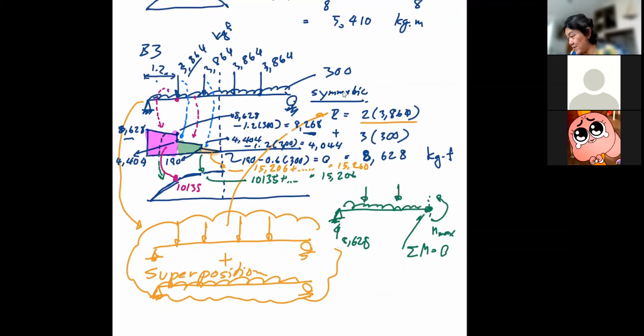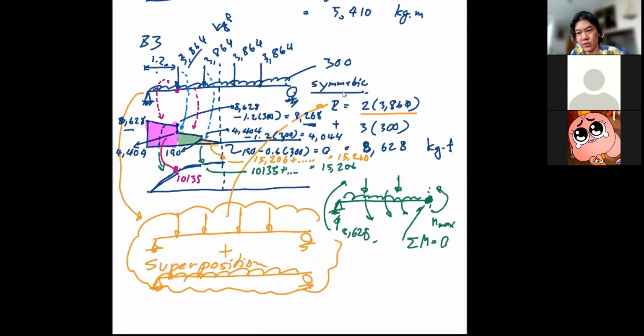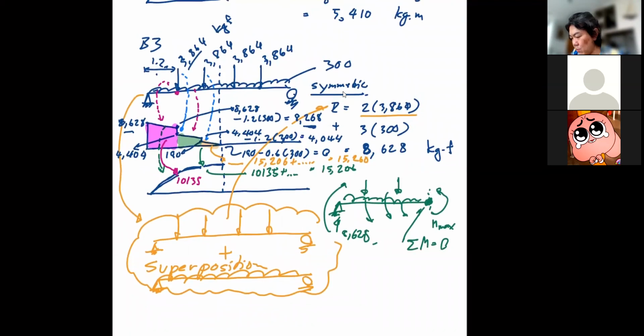You should see that if this is your fulcrum, your reaction would give you a clockwise moment, right? It goes this way. And the rest, the uniform load and the point load, will give you the counterclockwise moment. You should be that quick already. Or if not, you should try to be that quick. So the maximum moment can also be calculated by using the free body diagram. It's going to be 8628 multiplied by the distance to the midspan, that is 3 meters, minus the moment due to the point load, which is 3864.